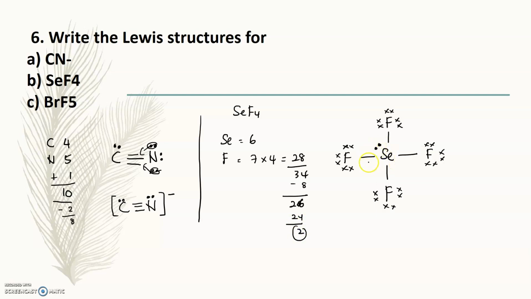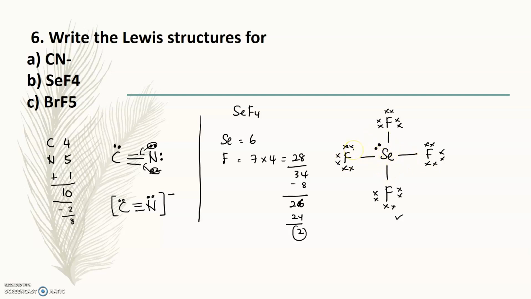Actually, selenium has 6 valence electrons, 4 have been shared with each fluorine atom, and another 2 are left. Then we check the octet: 2, 4, 6, 8 for fluorine. All the fluorine atoms have achieved octet, 8 electrons. For selenium, 2, 4, 6, 8, 10.